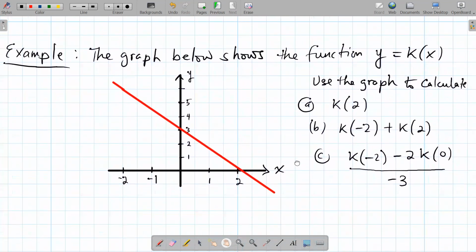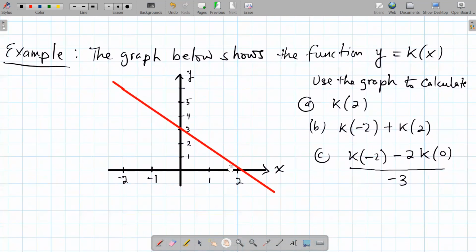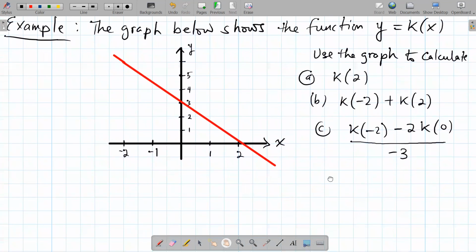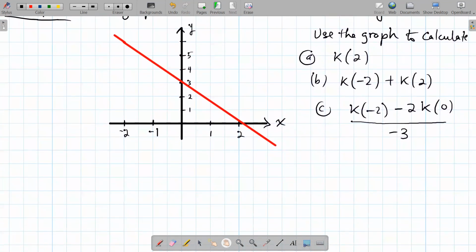So this is the graph of this function here. The question says use the graph to calculate k of 2 plus k of -2 minus 2k of 0 over -3.